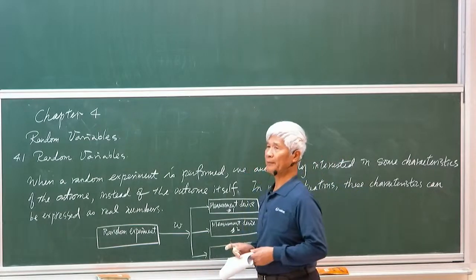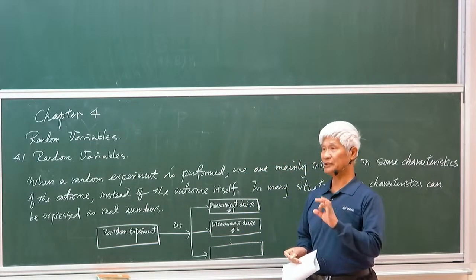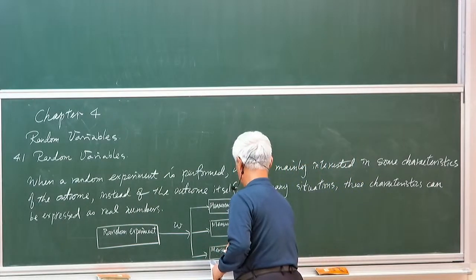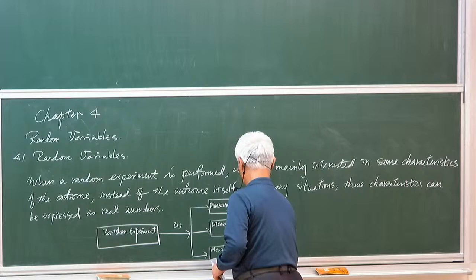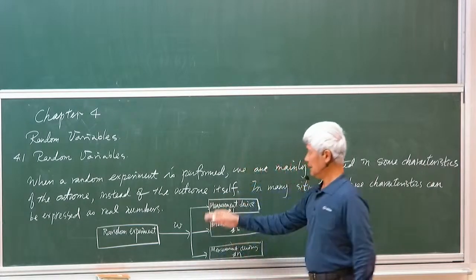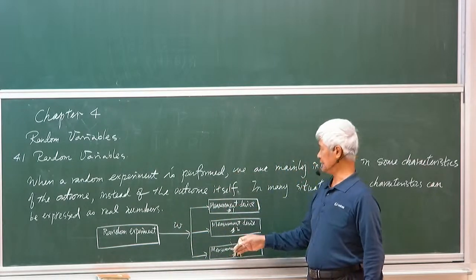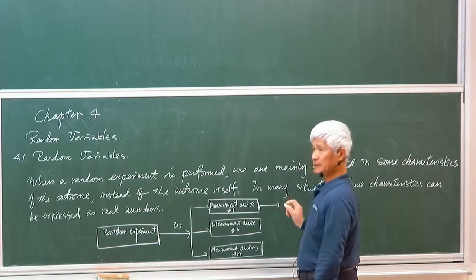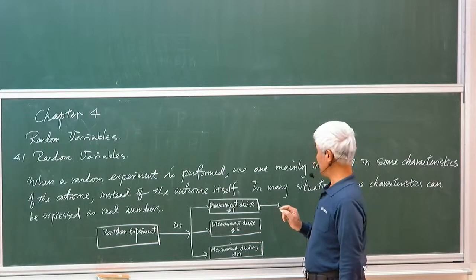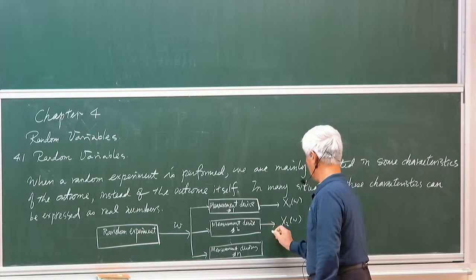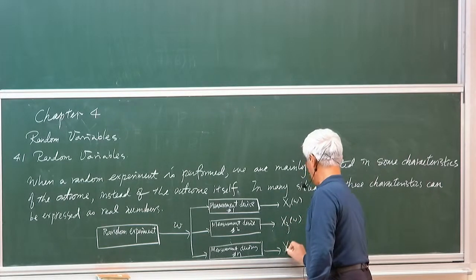This compound may be an indicator of certain cancers. So you may have a lot of measurements, up to number n. The same outcome with different measurement devices gives you different measurement results. So this may be x1, x2, up to xn.